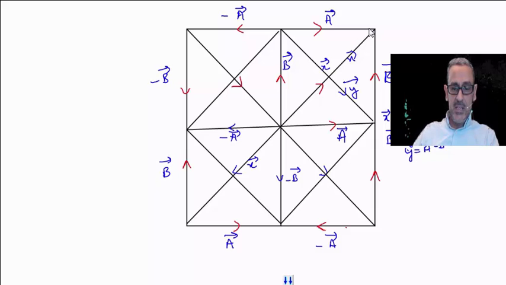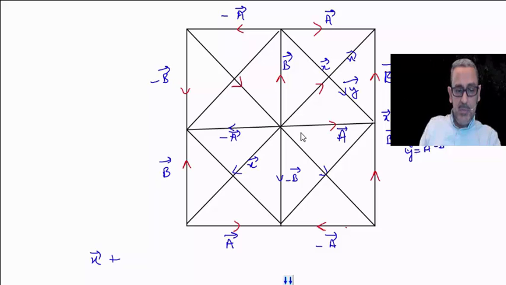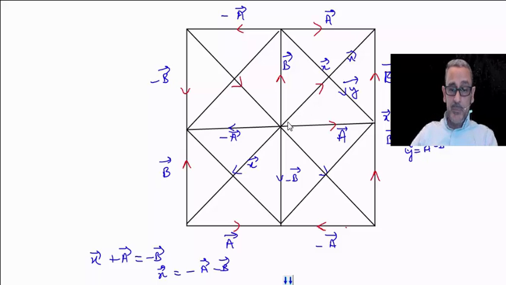Here, a plus b is equal to x, because they are in the same direction and this is opposite. Now x plus a is equal to minus b, means x is equal to minus of a minus b.